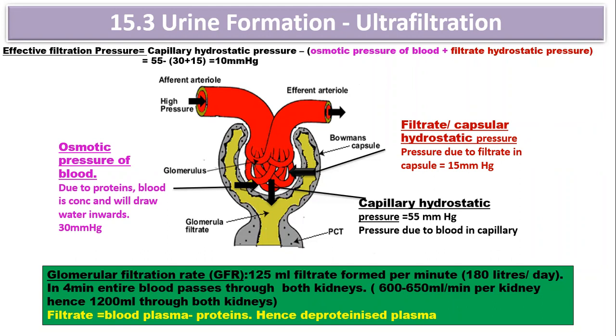Therefore, it is also known as deproteinized plasma. So this is all about the first process called ultrafiltration. Always remember, ultrafiltration is filtration under pressure, and that is the first step of urine formation. The first urine formed is called primary urine, or glomerular filtrate, or deproteinized plasma.